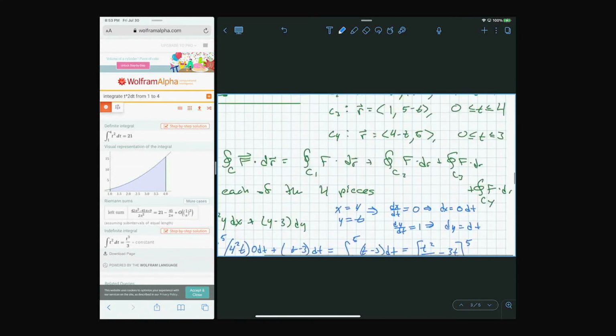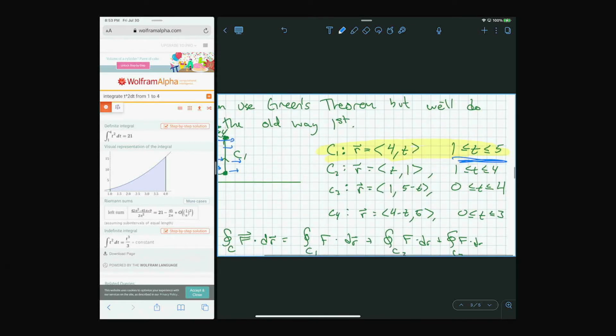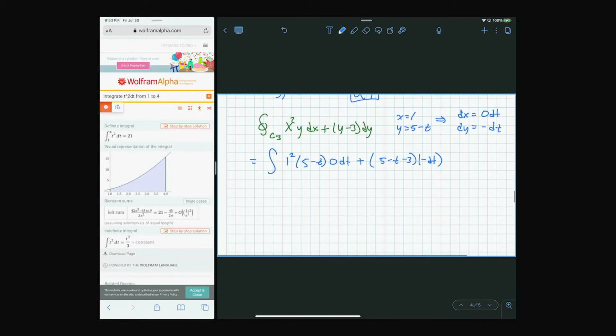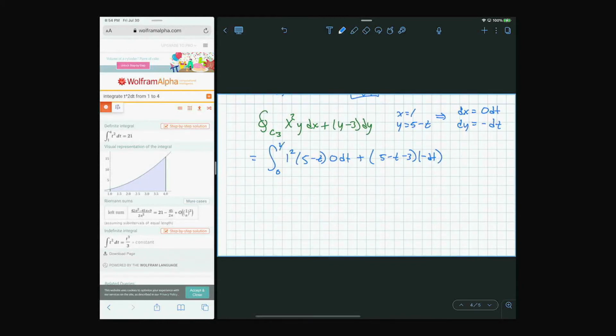Limits of integration, 0 and 4 for C3. So we get the integral from 0 to 4 of 5 minus 3, which is 2, so 2 minus t, and then negative dt. And hopefully I didn't screw that up.